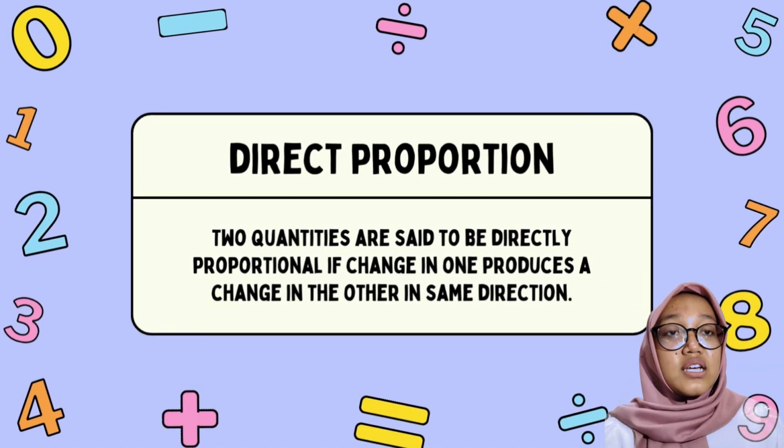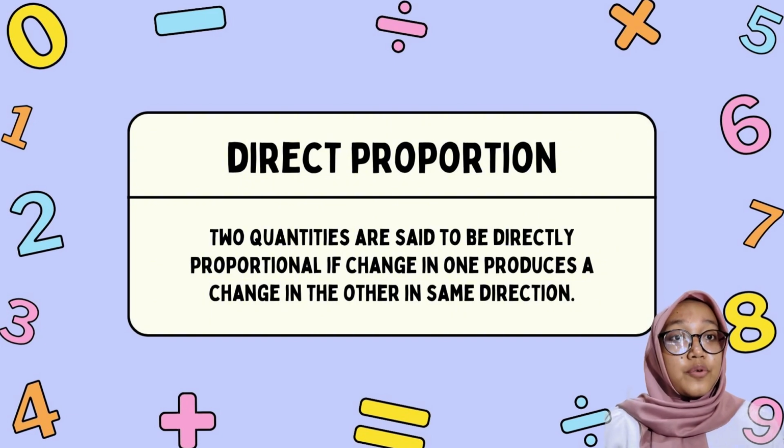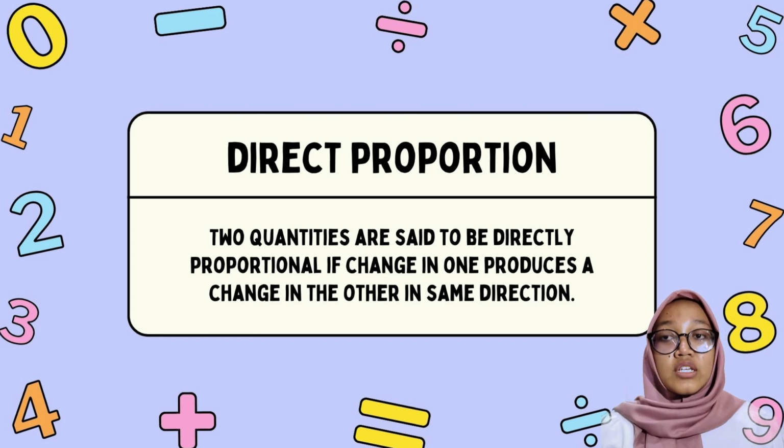Okay, first I will explain what direct proportion is. In Indonesia, we call direct proportion perbandingan lurus. So, two quantities are said to be directly proportional if a change in one produces a change in the other in the same direction.